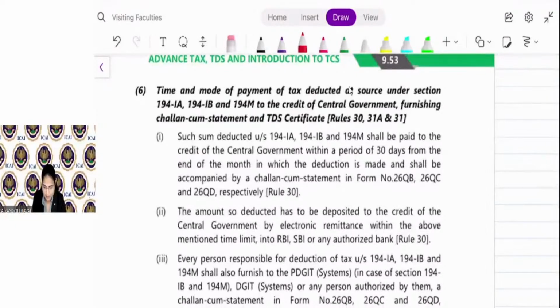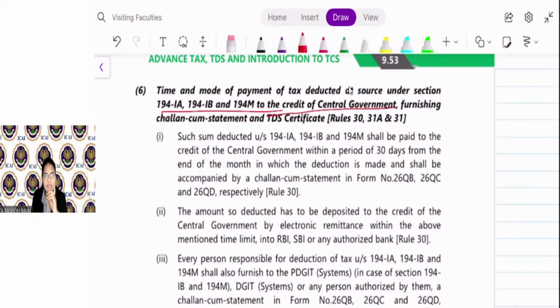Time and mode of payment of tax deducted at source under section 194IA, IB and 194M to the credit of the central government. In all these cases, as we have discussed, the 10 is not required.